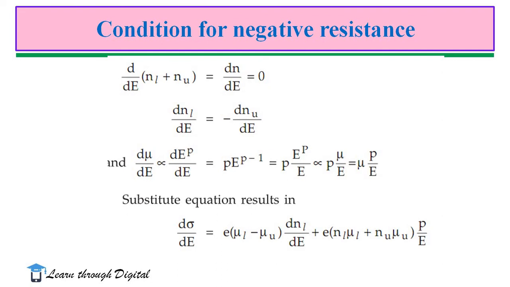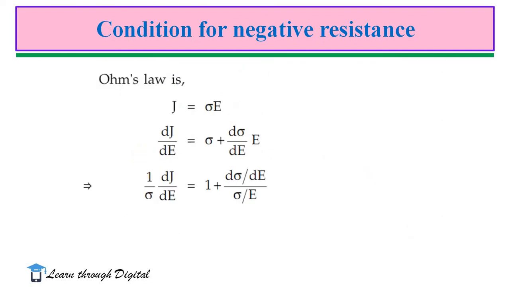Now we substitute the equations. It results in the following. As per Ohm's law, current density J is equal to sigma E. Then we differentiate current density with respect to electric field.